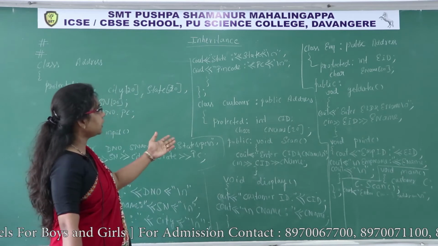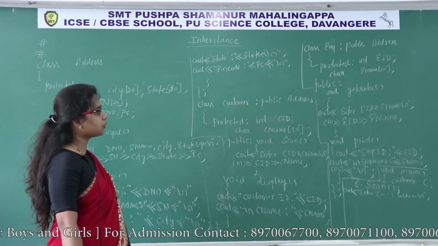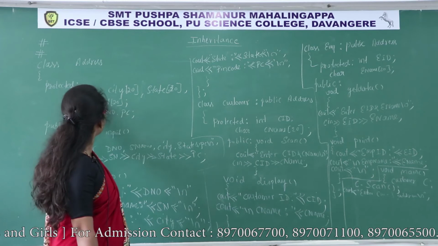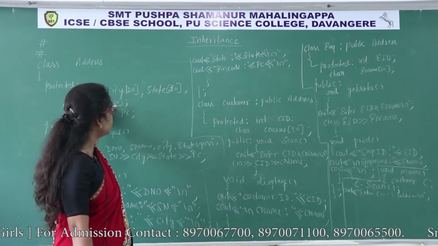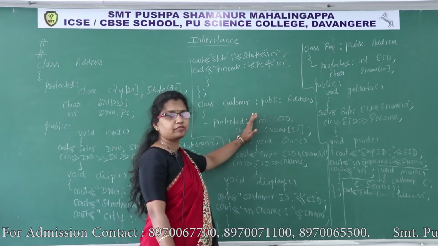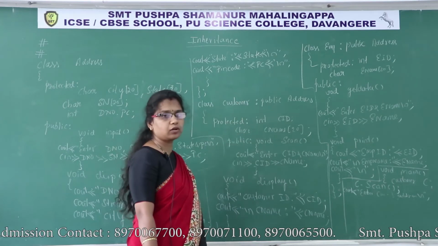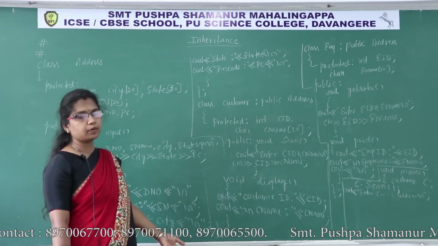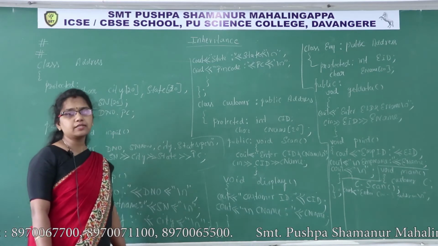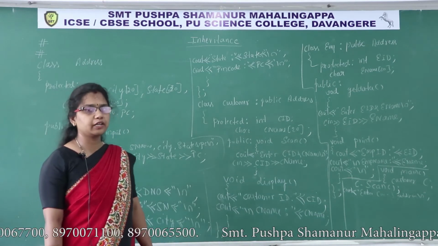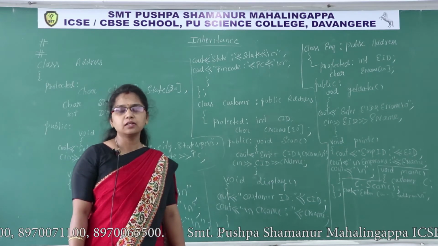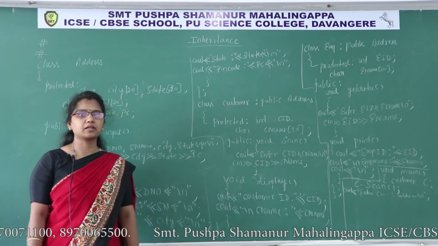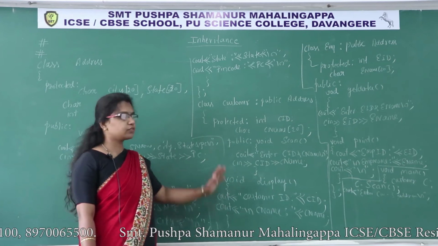Now what is there in the customer class protected section? See, these protected members are inherited to the protected section of the derived class customer, because the mode of inheritance is public. You know that in public mode of inheritance, base class public members are inherited to the public section of the derived class, and base class protected members are inherited to the protected section of the derived class.